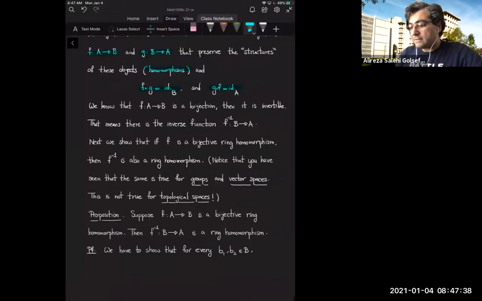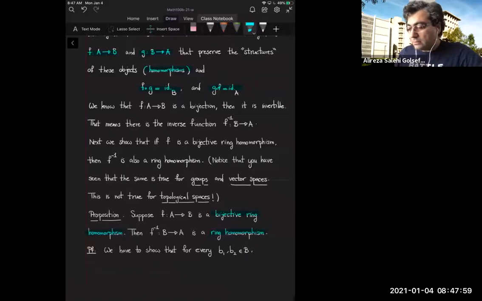Meaning, if F is a bijective ring homomorphism, then its inverse is also a ring homomorphism. The proof is actually rather easy, but let's go through the argument and make sure that we know how to show this statement. So what does that mean?